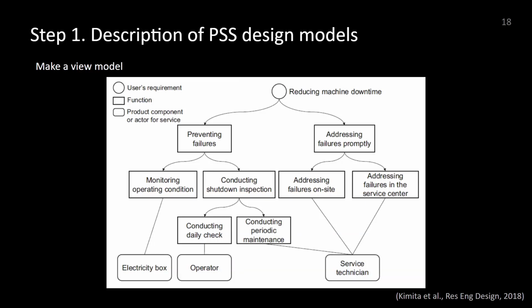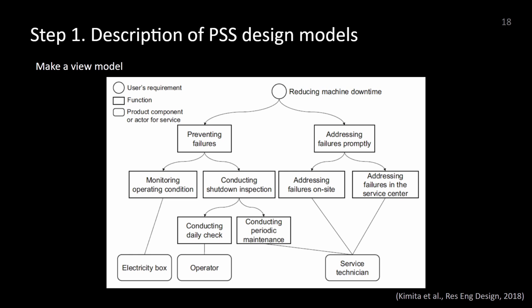And this can be realized through these functions, but essentially the involved physical component is a so-called electricity box in the cleaning machine, and a cleaning machine operator and service technician aiming to service and maintain the cleaning machines.